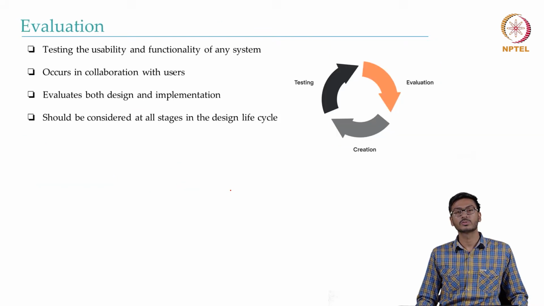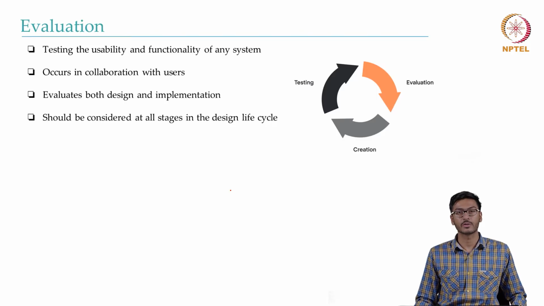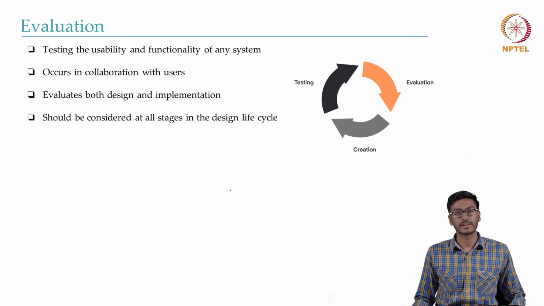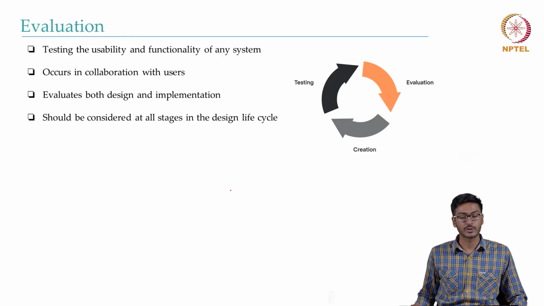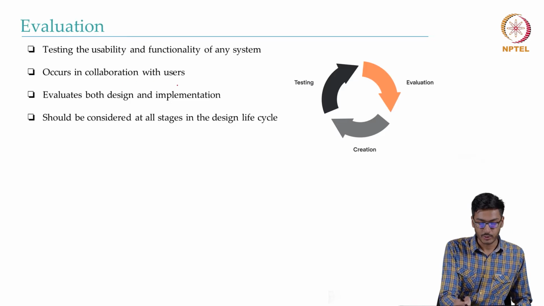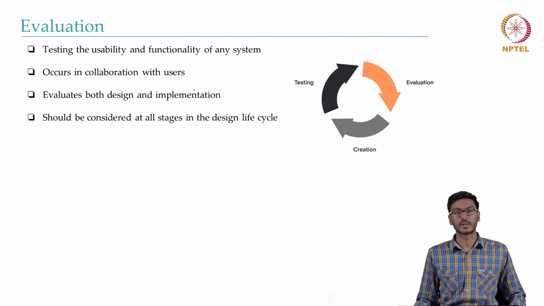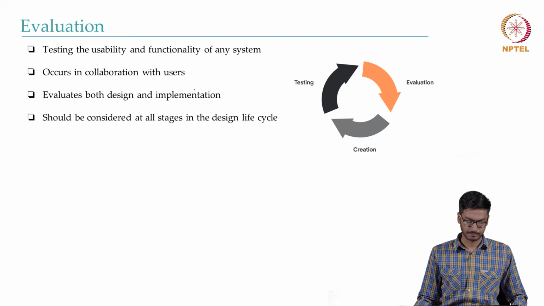Now, moving on to the part that we are here for, evaluation in context of human computer interaction, or evaluation as we discussed during the interaction design process. Well, evaluation simply is the testing of the usability and functionality of the system. It occurs in collaboration with the users. It includes evaluating both the design as well as its implementation.